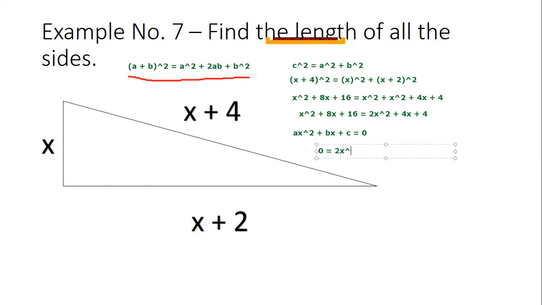So this will become 2x squared minus x squared plus 4x minus 8x plus 4 minus 16. Simplifying, this will be x squared minus 4x minus 12, because 2x squared minus x squared is x squared, 4x minus 8x is negative 4x, and 4 minus 16 is negative 12, which is equal to 0.